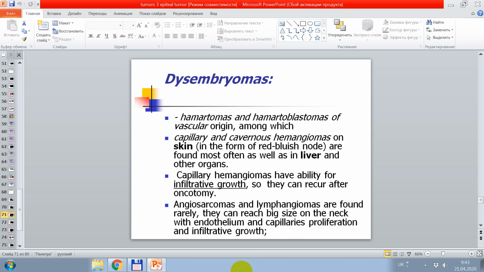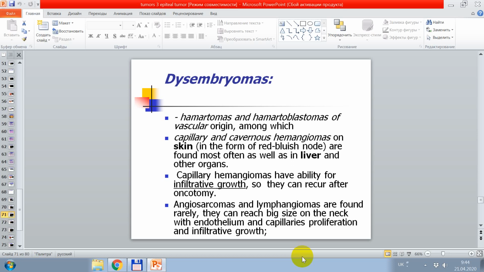Dysembryomas: hamartomas and hamartoblastomas of vascular origin, among which capillary and cavernous hemangiomas on skin, in the form of red-bluish nodes, are found most often, as well as in liver and other organs.